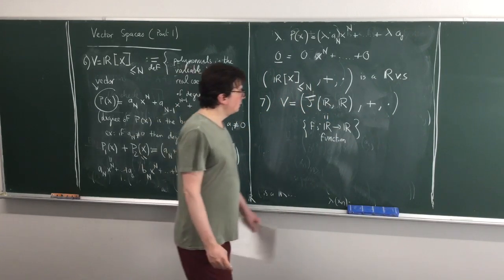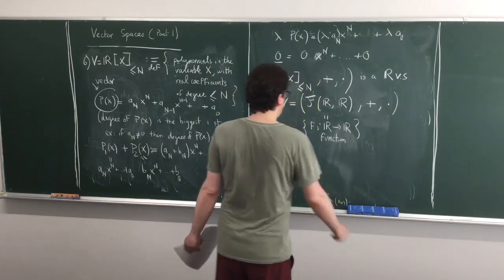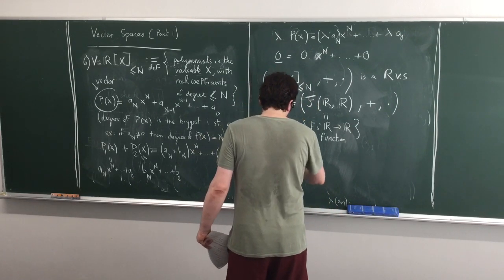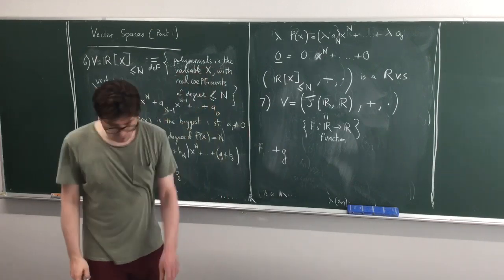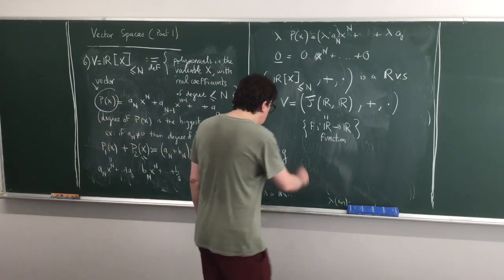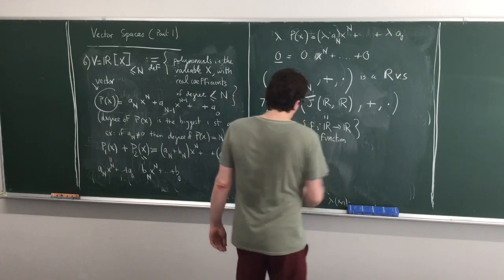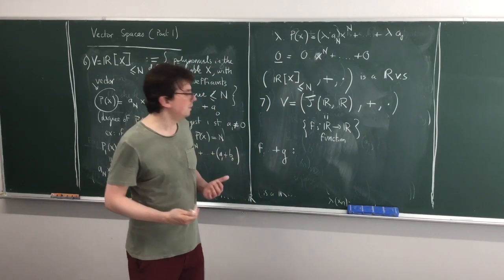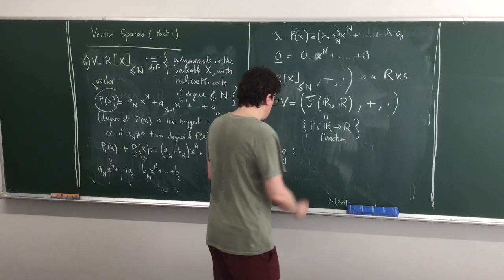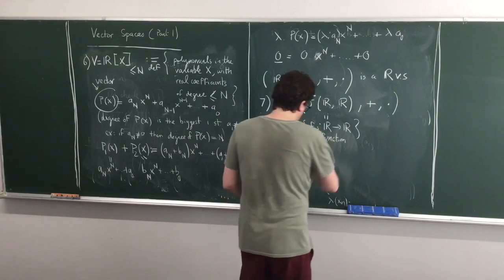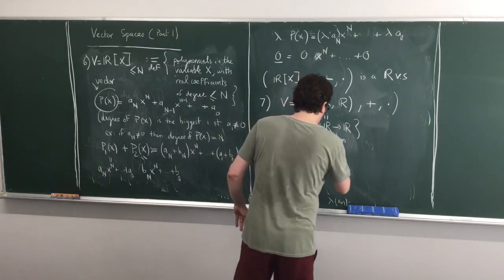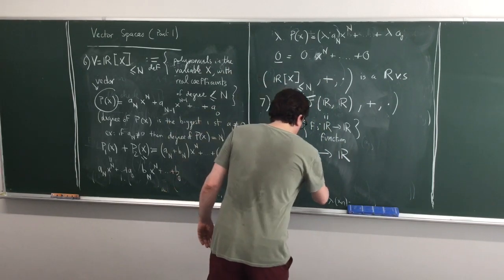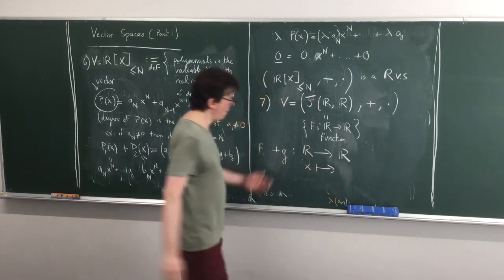Now, what are the operations in this case? For the plus, I need to define, for example, what is a function f plus a function g. I need this to be a function. Here my vectors are functions, so this is a function, which means that I have a starting set, it will be R, and it must go to R. So what am I going to associate to some real number x?